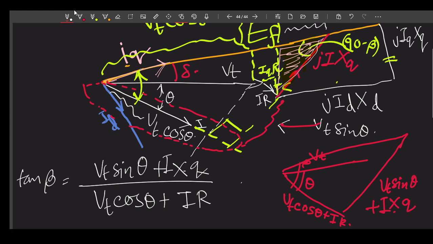So here, what is our Vt? Our Vt is, in this case, 400 by root 3.